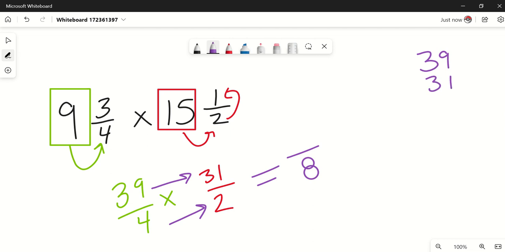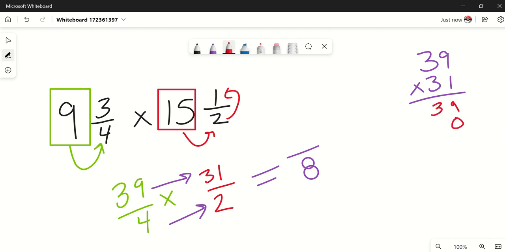39 times 31. I put the 1 on the bottom because whatever number is here, I want it to be the easier one for me to multiply by. I don't want 9 there, so I'm going to have 1 there because 1 times 9 is 9, and 1 times 3 is 3. Put a 0 down.